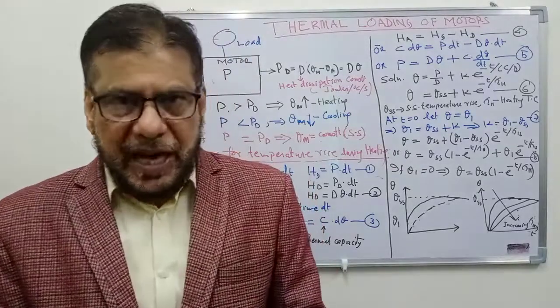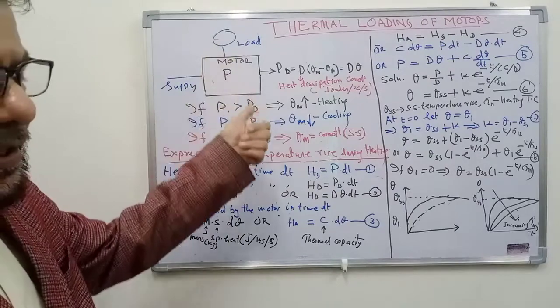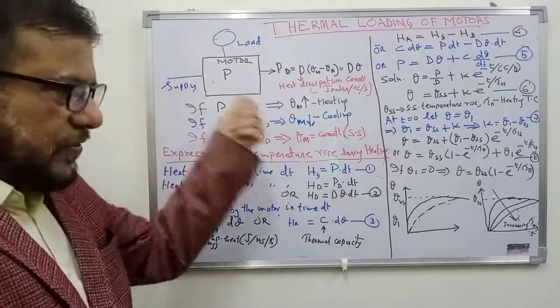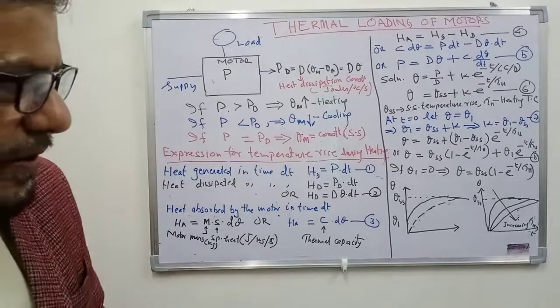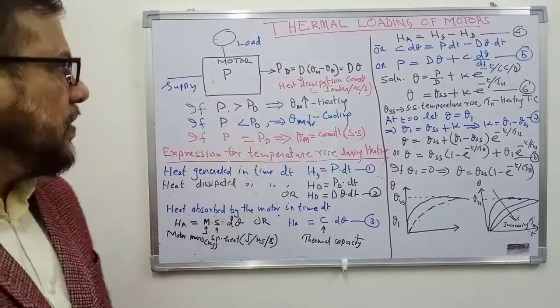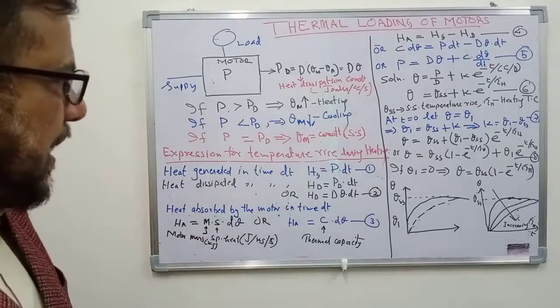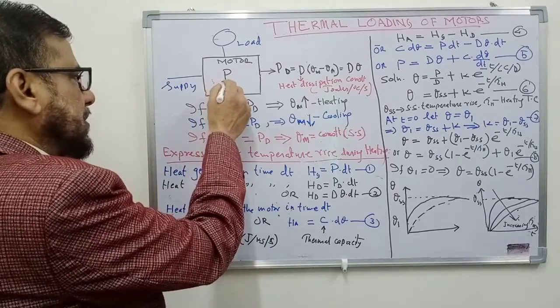That causes some iron loss in the motor. And when the load is connected and the motor draws current from supply, so windings get heated because of copper losses. So these losses take place and that causes the motor to generate some heat.